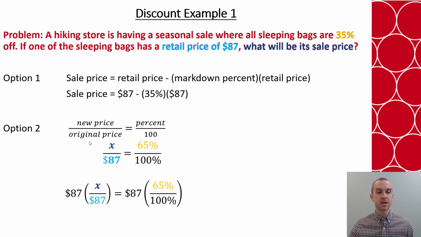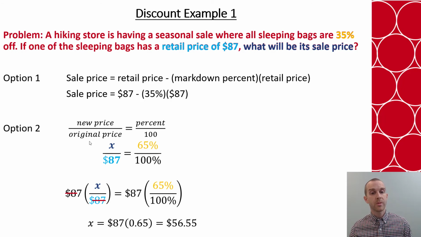That would simplify to 1 on the left side, and then I've got $87 times 65 hundredths, which would again give me the same price as before, $56.55. So no matter how I'm going, I'm still getting to the same place. And here, this would be 100% minus 35%, which is 65% of $87.